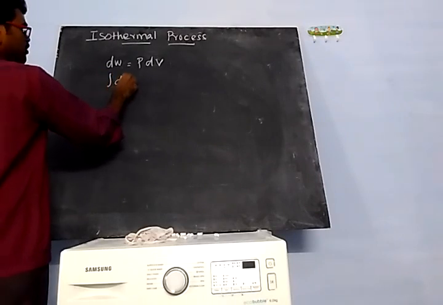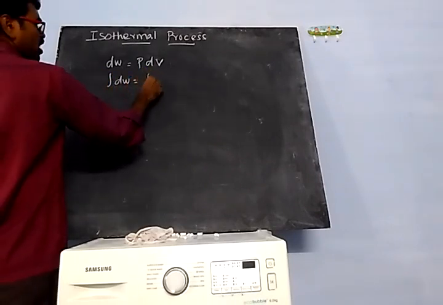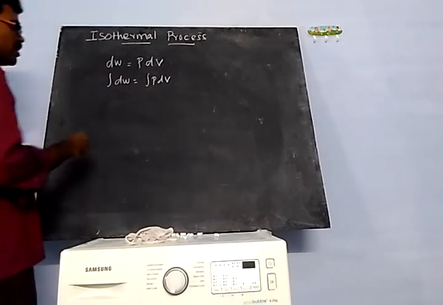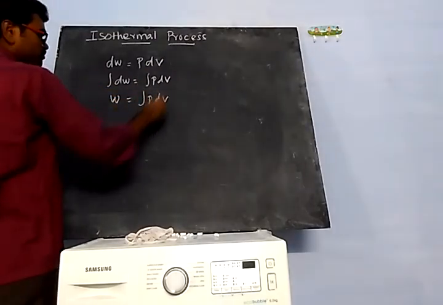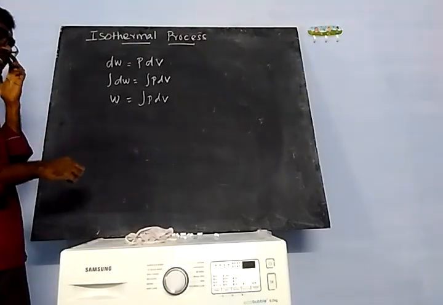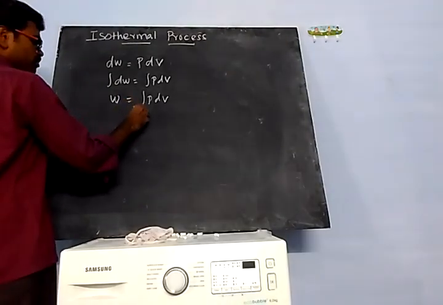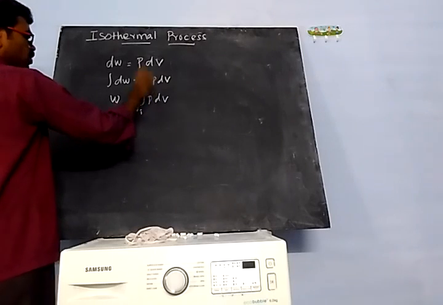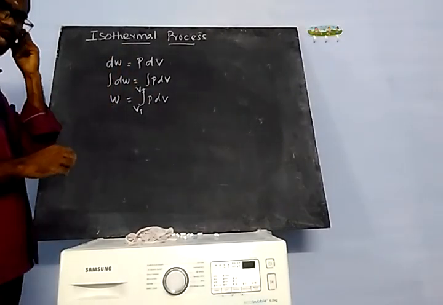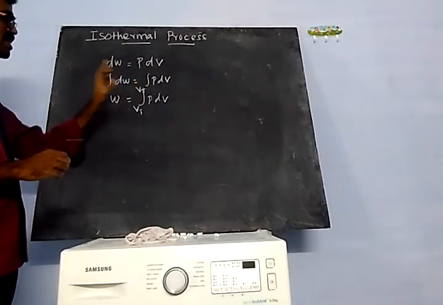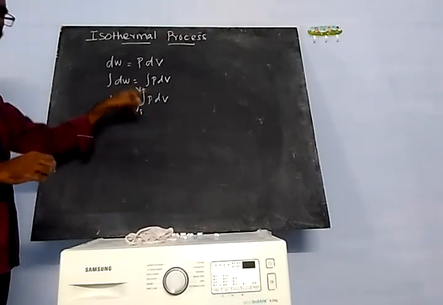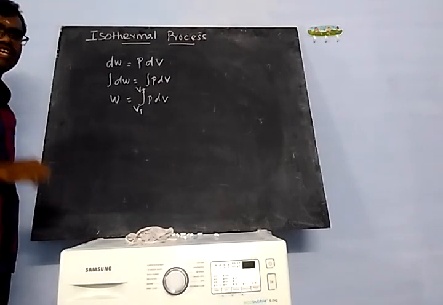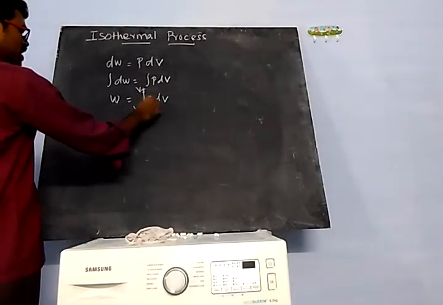Integral of dW is equal to integral of P dV. So you get W is equal to integral of P dV, where the volume changes from initial volume VI to final volume VF. This is the formula for work done, integral from VI to VF of P dV. Now we are going to calculate the pressure.